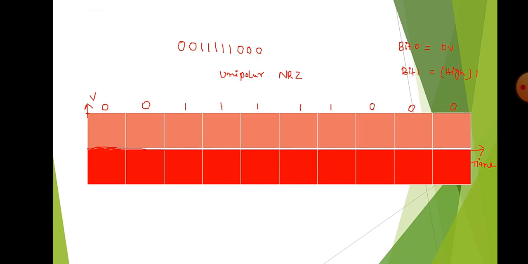Bit 1 will be high. Next bit is also high. Bit 1, bit 1, bit 1. And bit 0 is equal to 0. So this is how we can represent 0, 0, 1, 1, 1, 1, 1, 0, 0, 0 in the case of unipolar NRZ scheme.